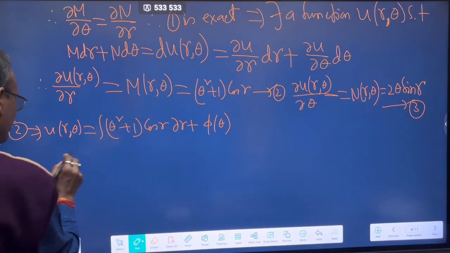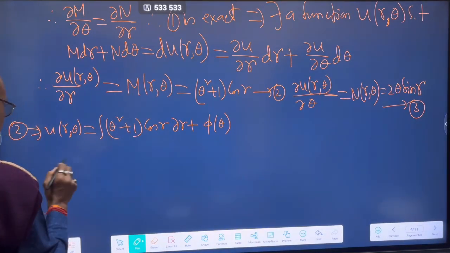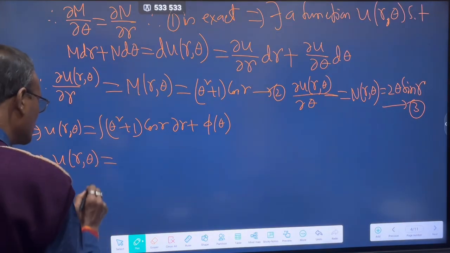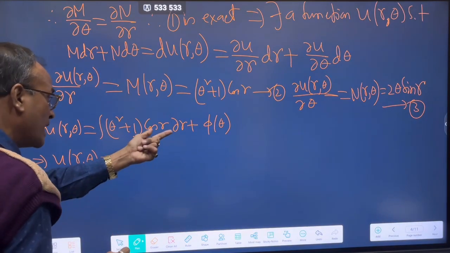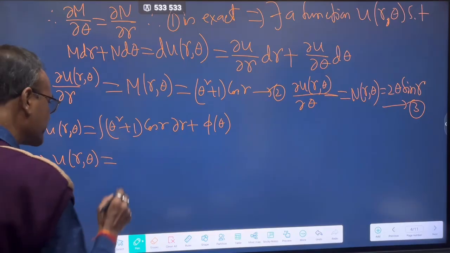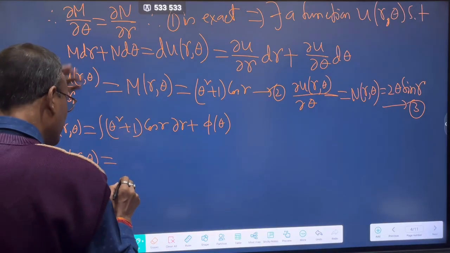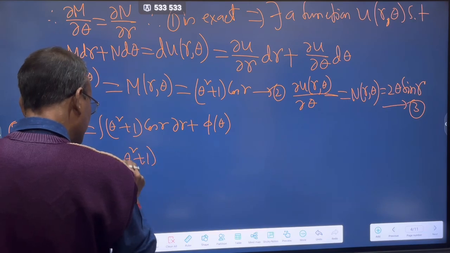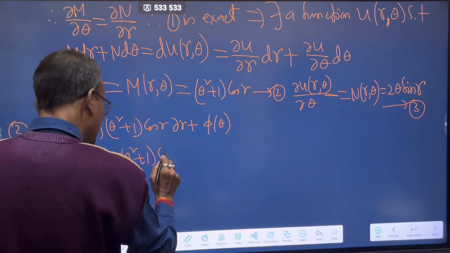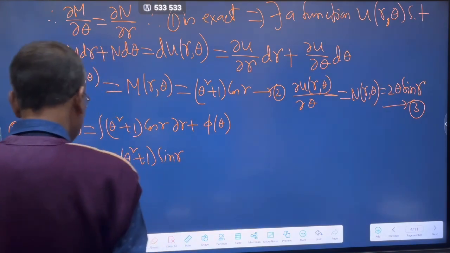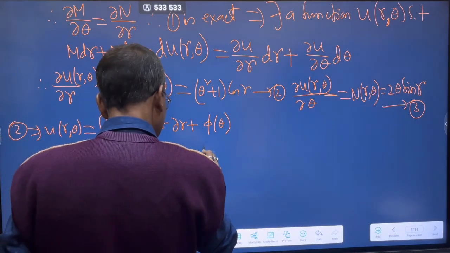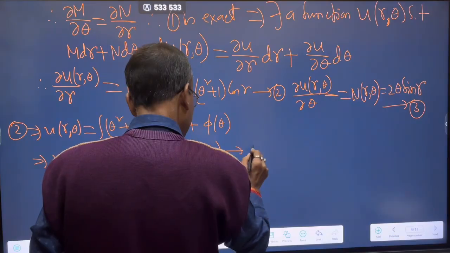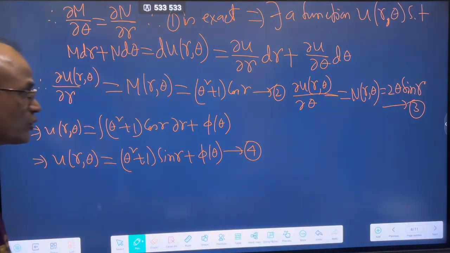This means, with respect to r, treating θ as constant, u(r, θ) equals (θ² + 1) times the integration of cos r, which is sin r, plus φ(θ) only. Suppose this is number 4.